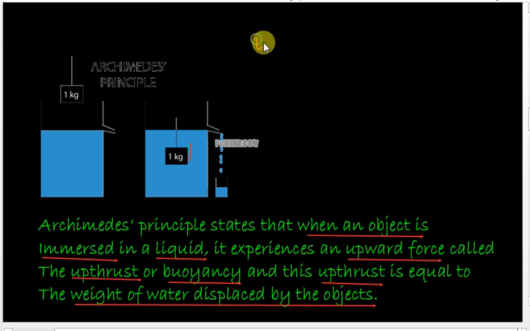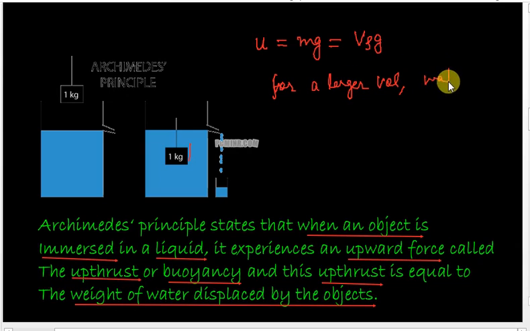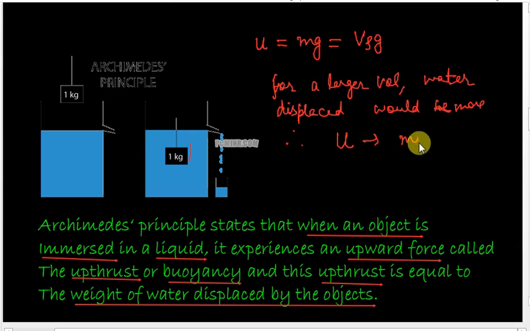Now obviously, since upthrust is equal to the weight of the water displaced, or it is equal to V rho g, the volume of water displaced, it means for a larger volume, the water displaced would be more, and therefore the upthrust would also be more, because upthrust is dependent on the volume of the water displaced.